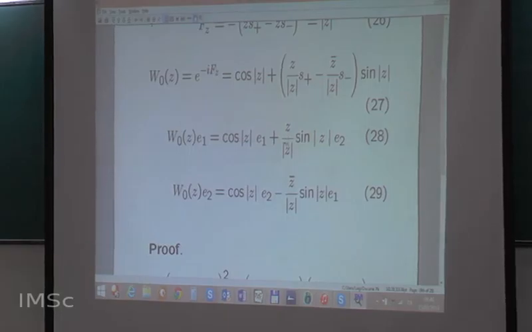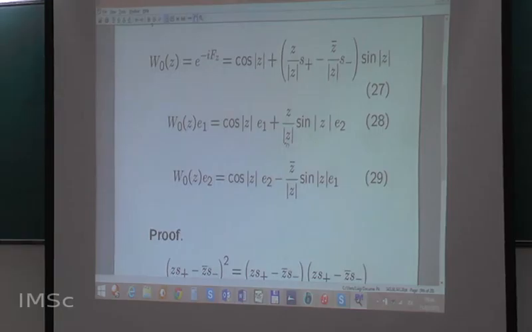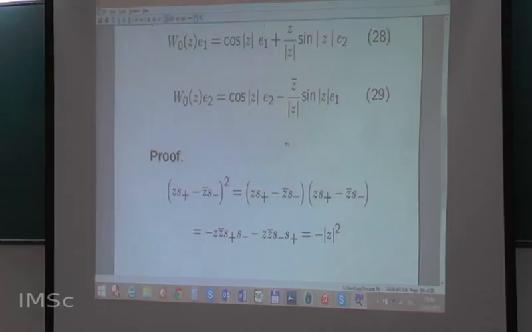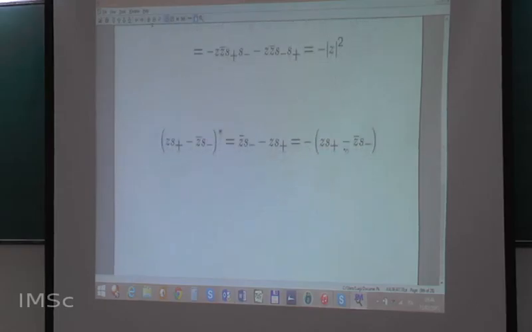But for us, the most interesting case is when Z is, for example, purely imaginary or purely real. I will not enter into this because I have no time, but this square is very easy because, as I said, you do the product, you use that sigma plus squared is 0, sigma minus squared is 0, so only the cross terms will survive, and this will give minus z squared. This is the standard formula.